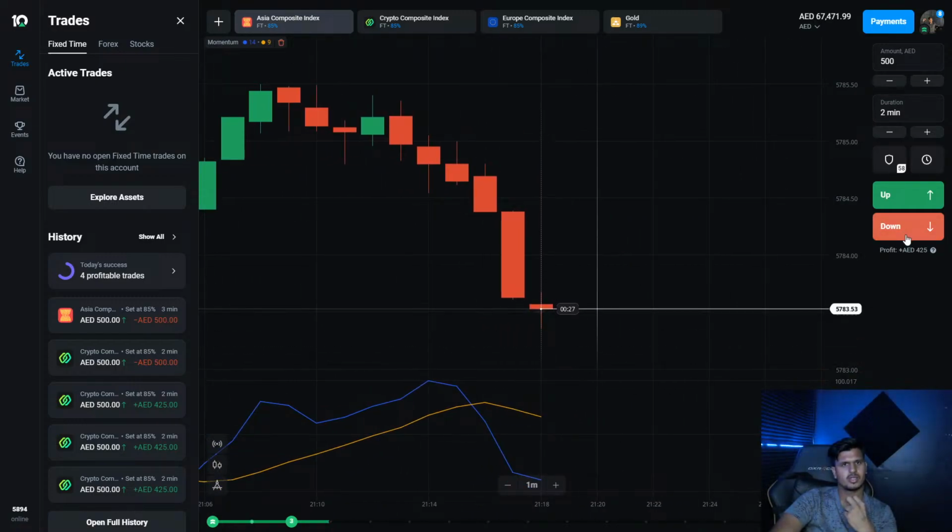One, two, three. How much percentage? Asia Composite Index is giving only 85%, guys. Today all assets are giving very low percentages.